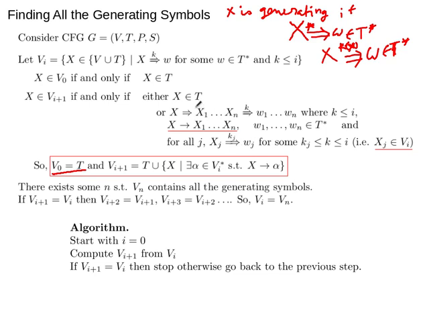So you can consider a leftmost derivation, so that from here you get first w1 and then x2 up to xn, then w1 w2, then x3 up to xn, this sort of thing.